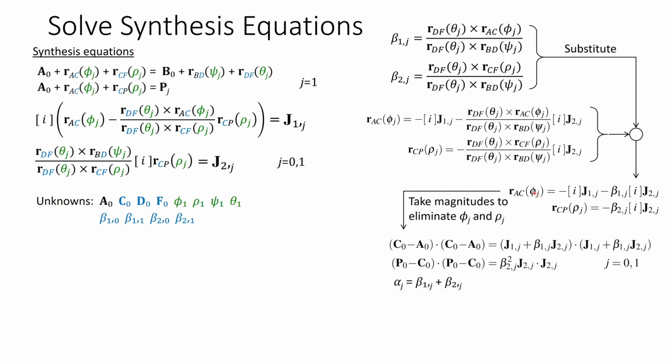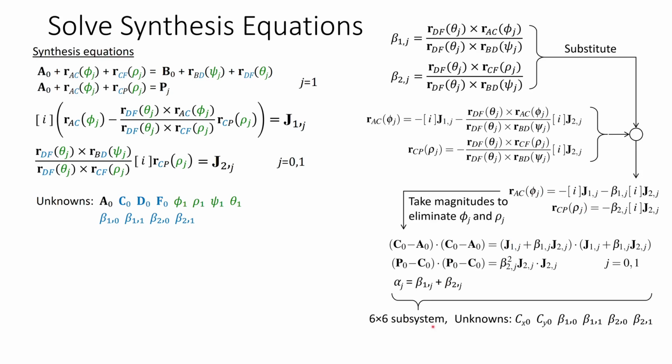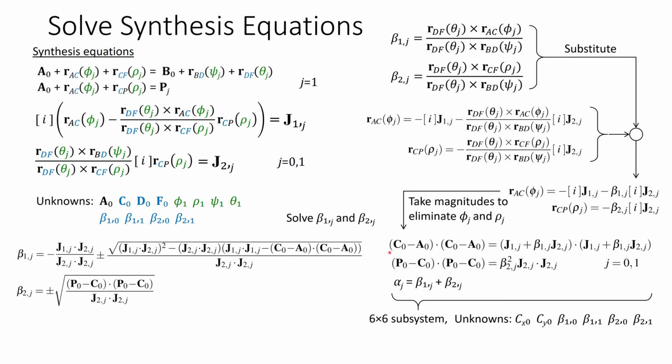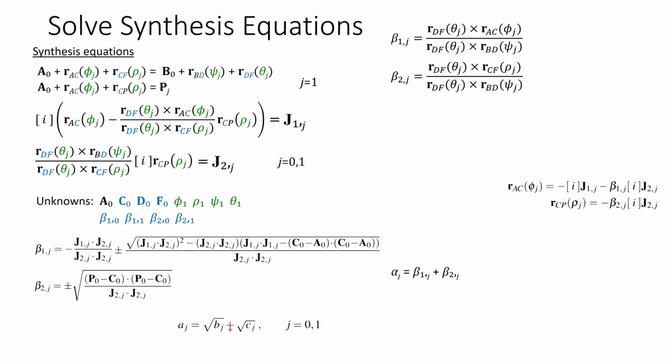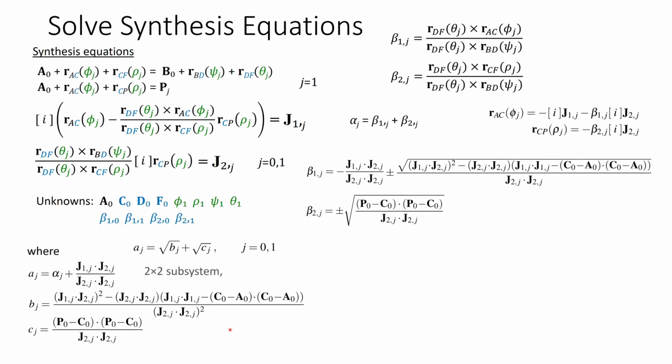From here, we could eliminate intermediate angles phi and rho by taking the magnitudes of both sides of the equations, forming a new system, a 6x6 subsystem in terms of the unknown components of Cx0, Cy0, and the beta intermediate variables. The beta variables can be eliminated by solving for each of them in these two expressions and then substituting the result into this expression, forming a new system. This new system is a 2x2 subsystem, with the only unknowns being the components of C0.